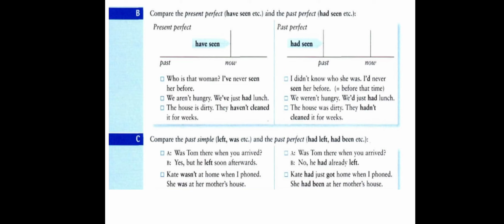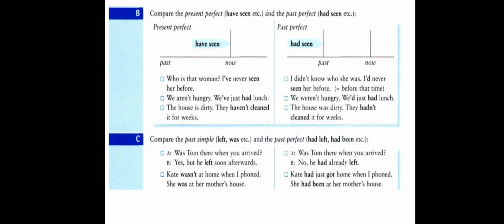But on the other side, if you say, I didn't know who she was, here didn't know indicates a point in the past, and that end point is in the past, so the action extended from a past point to another point in the past. At the end of the action is a point in the past, so we use past perfect.